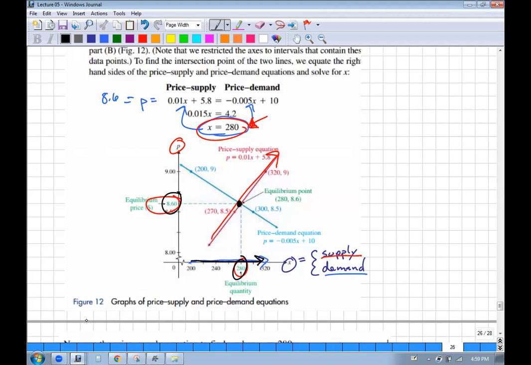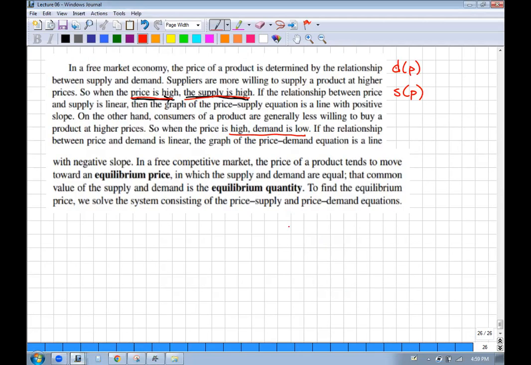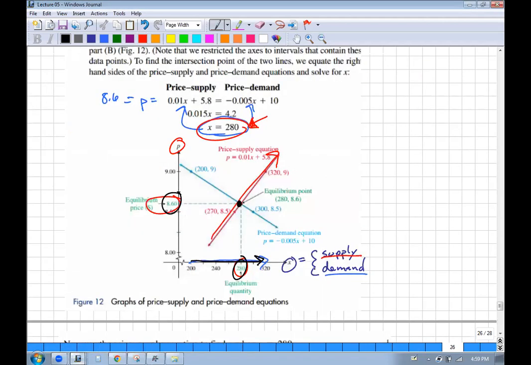Now we know how to actually do it mathematically instead of just looking at the graph. Once we find where these lines cross, that tells us the equilibrium price and the equilibrium quantity, right? In one equation, x was supply, and in the other equation, x was demand. Either way, this is a quantity. This is the number of skateboards or whatever they're selling, okay?